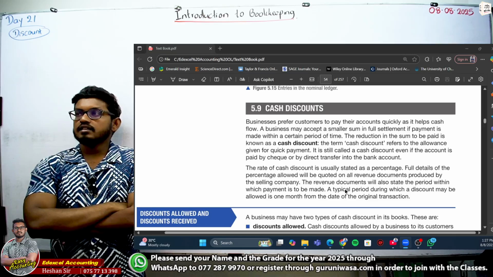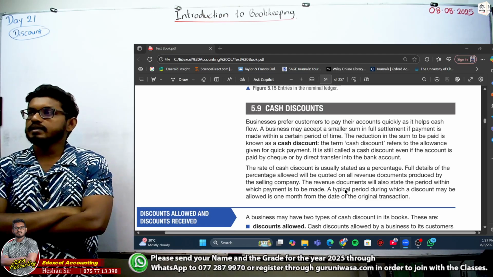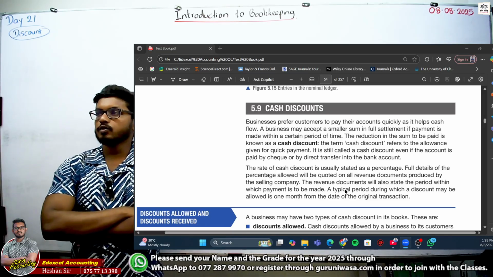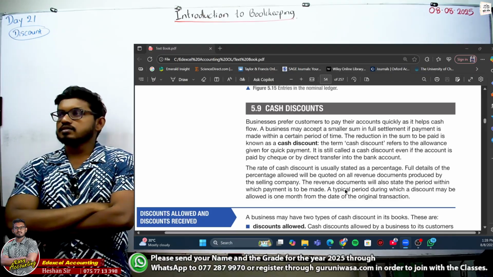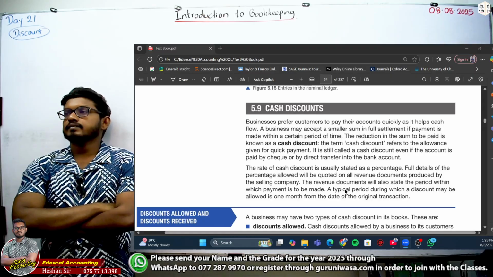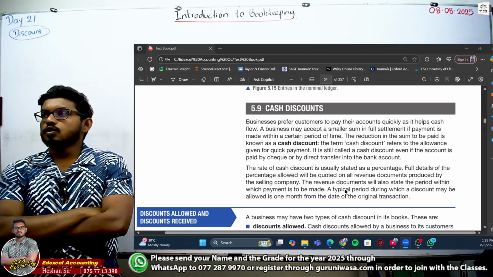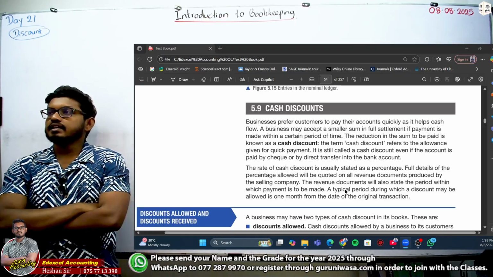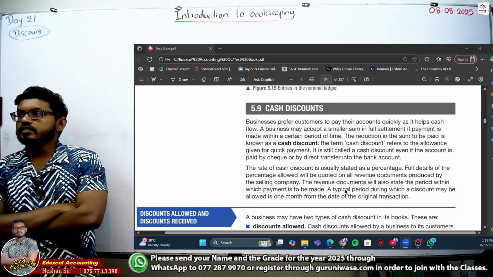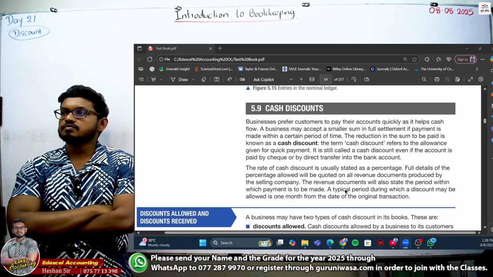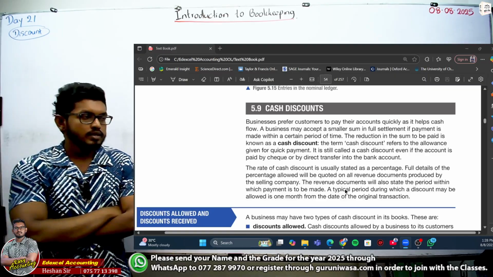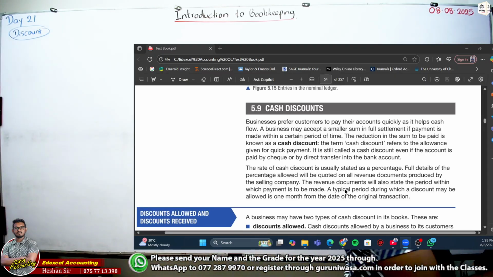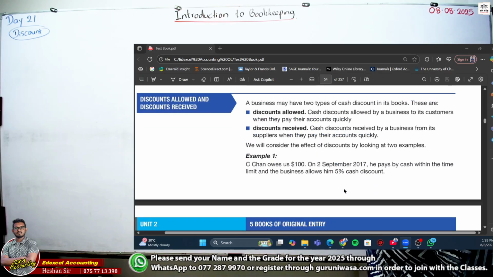Full detail of the percentage allowed will be quoted on all revenue documents produced by the selling company. The revenue document will also state the period within which payment is to be made. A typical period during which a discount may be allowed is 1 month from the date of the original transaction, right? So discount allowed and discount received.